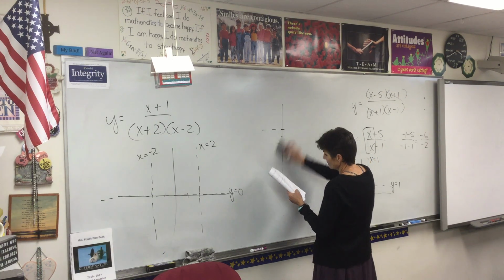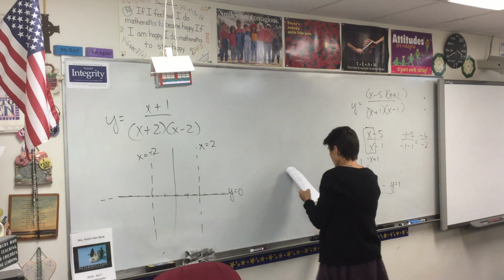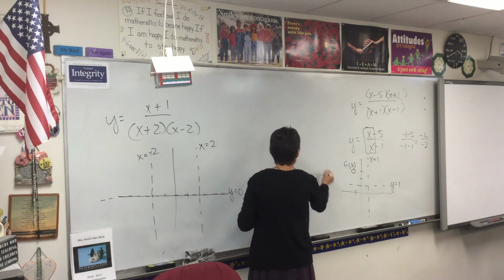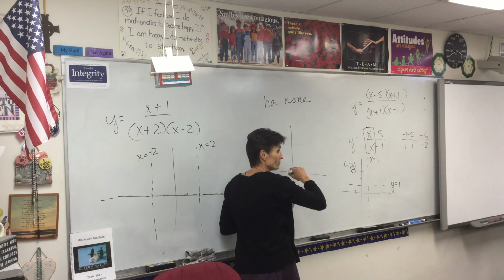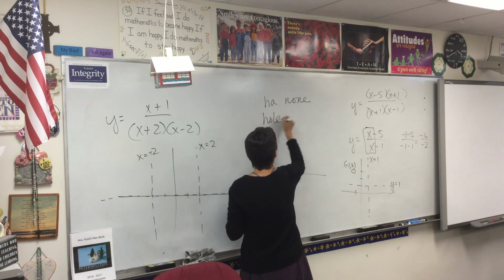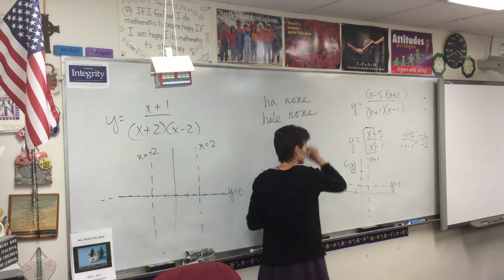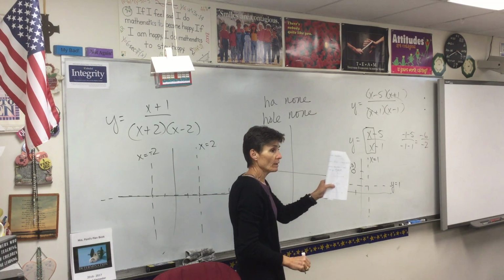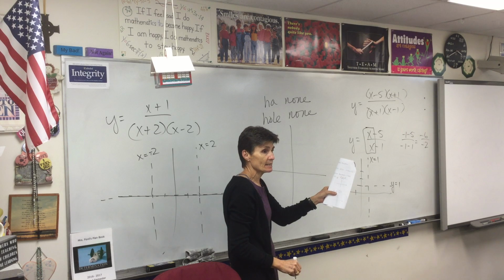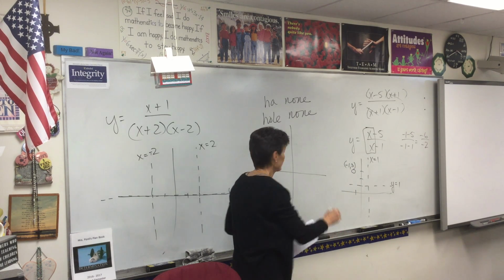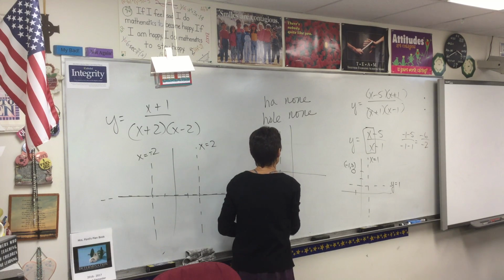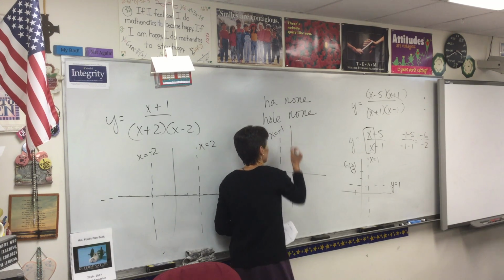So look at problem D. Problem D is very boring because there is no horizontal asymptote. There is no hole. The only thing we have in D is a vertical asymptote at x equals negative 1.